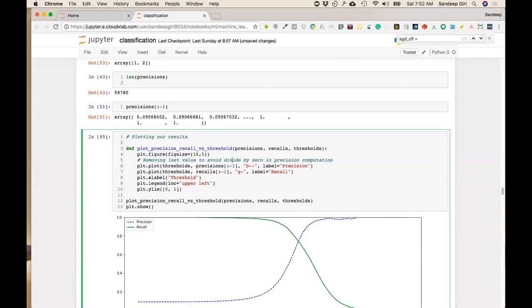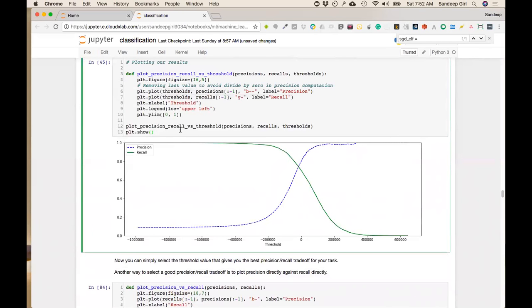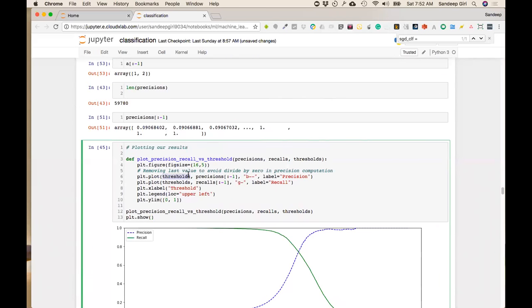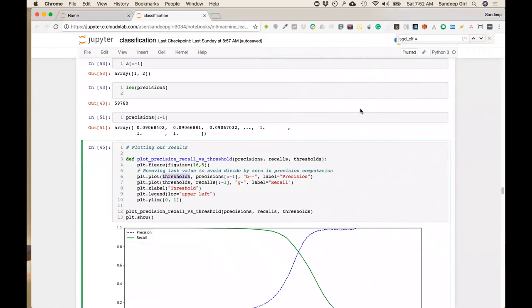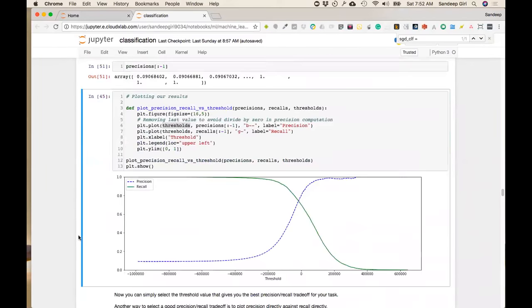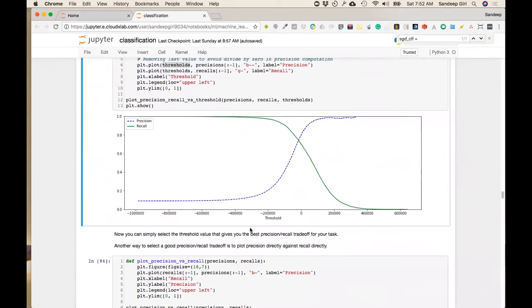Okay, let's move on. Any other questions at this point? All right, so in order to avoid the divide by 0, we are removing that threshold value. Sorry, we are removing the precision calculation for the rightmost one. All right, let's move on.